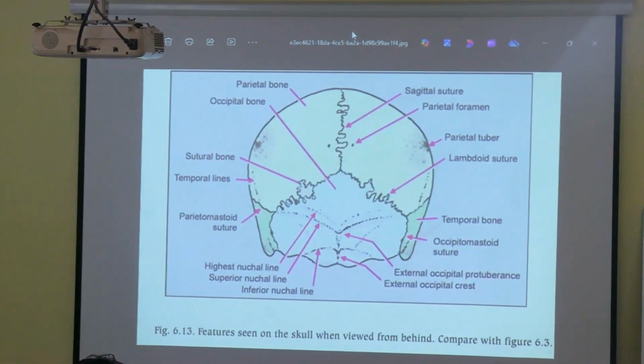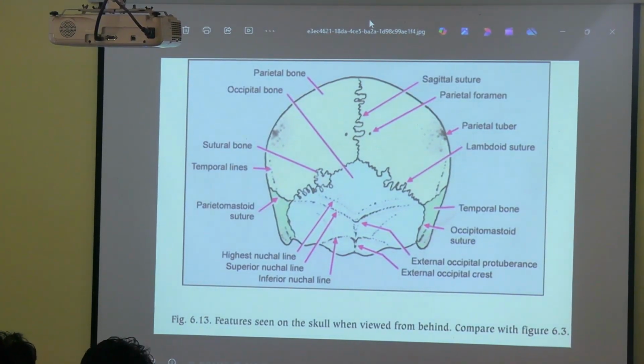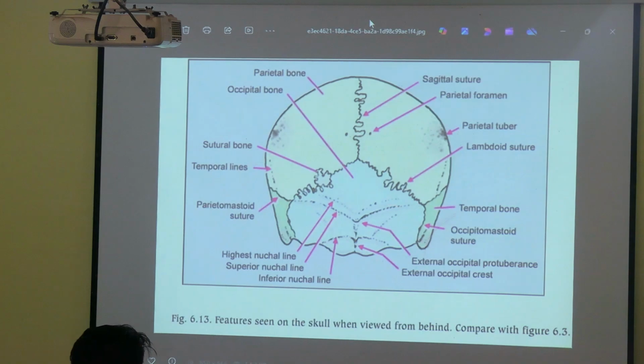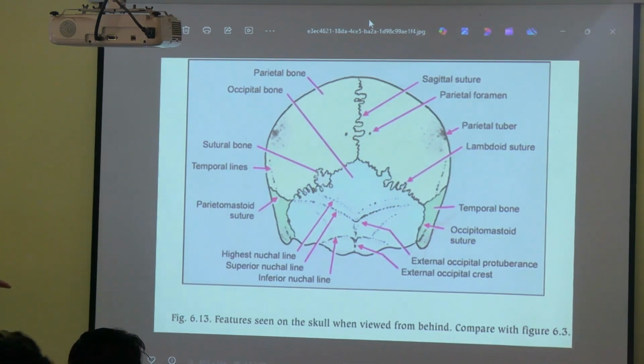External occipital protuberance. And a little below it there is a crest like thing, that is your external occipital crest. From the external occipital protuberance, laterally there is some ridge.